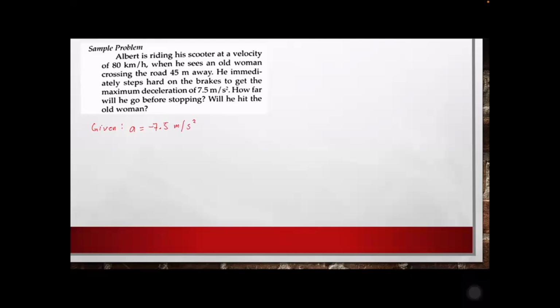But we have to make this negative. Why is it negative? Kasi stated on the problem that this is deceleration. Deceleration is negative. Pababa kasi siya, kasi nag-step na siya sa brake.